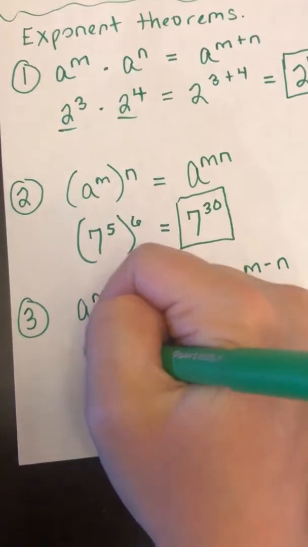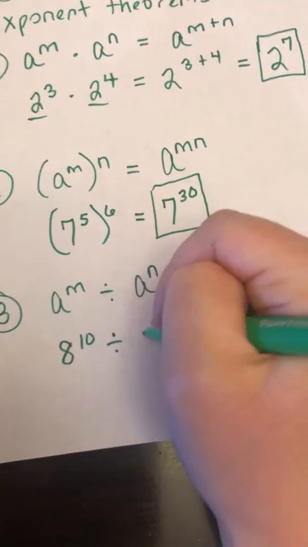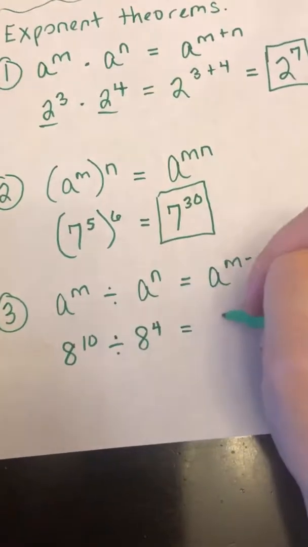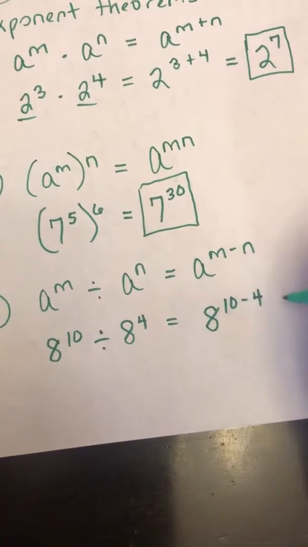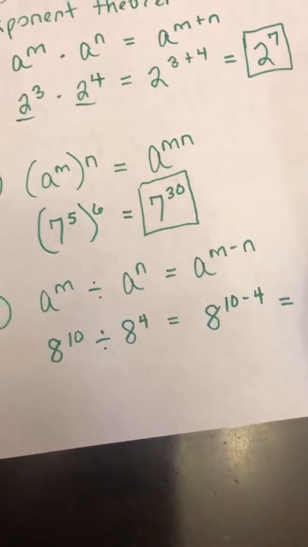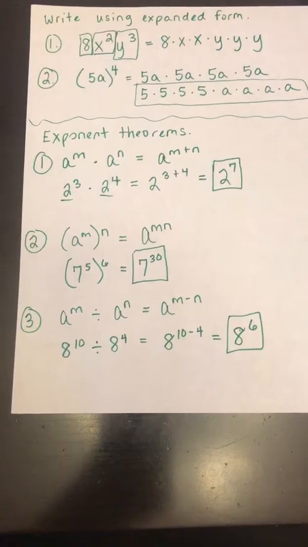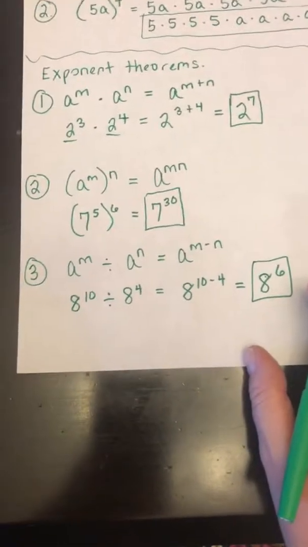So if I gave you something like this, 8 to the 10th power divided by 8 to the 4th power, that's the same thing as taking the base 8 and simply doing 10 minus 4, which gives me 8 to the 6th power. 10 minus 4 gave me 6.